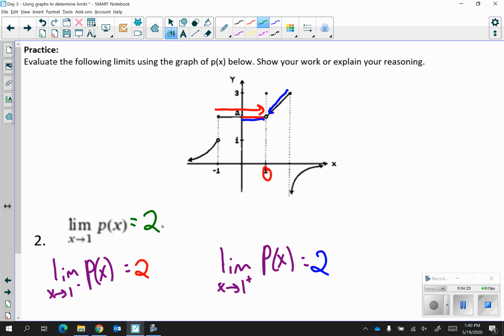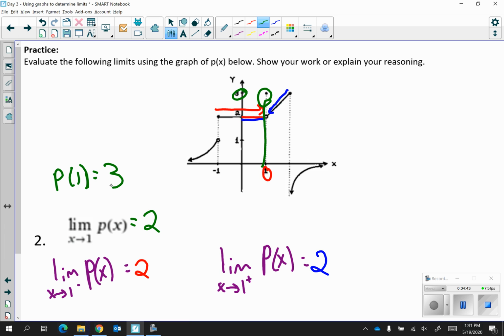Be careful, that's different than what p of 1 is equal to. P of 1 is equal to 3.